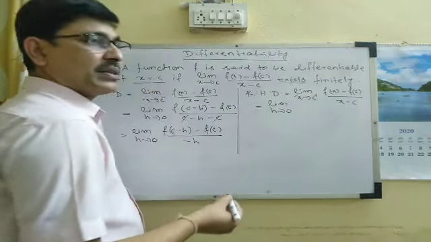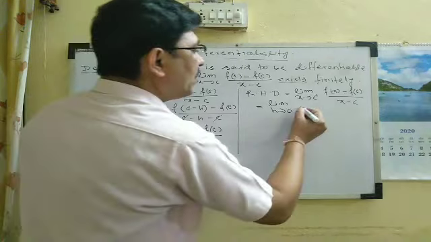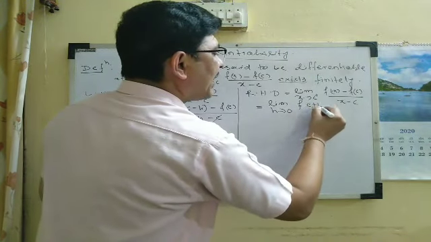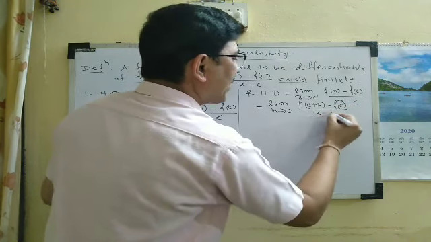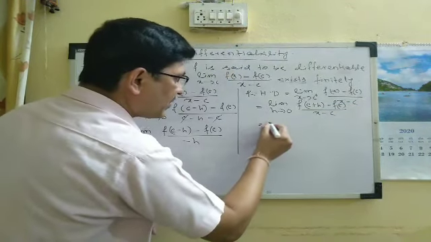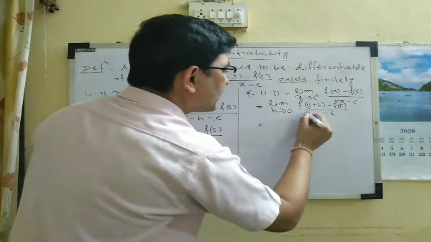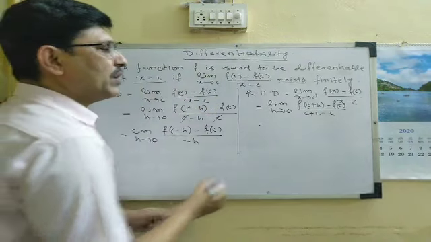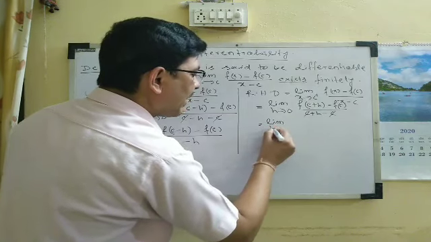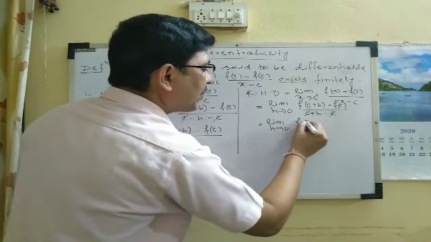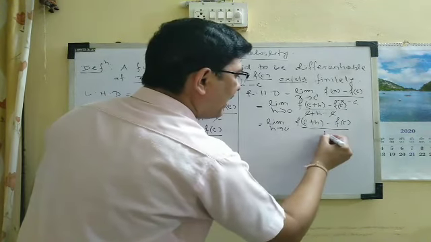We have to replace this x by c plus h because we are finding the right hand limit. So f of c plus h minus f of c divided by c plus h minus c. The plus c and minus c cancel, which is equal to limit h tends to 0, f of c plus h minus f of c divided by h.